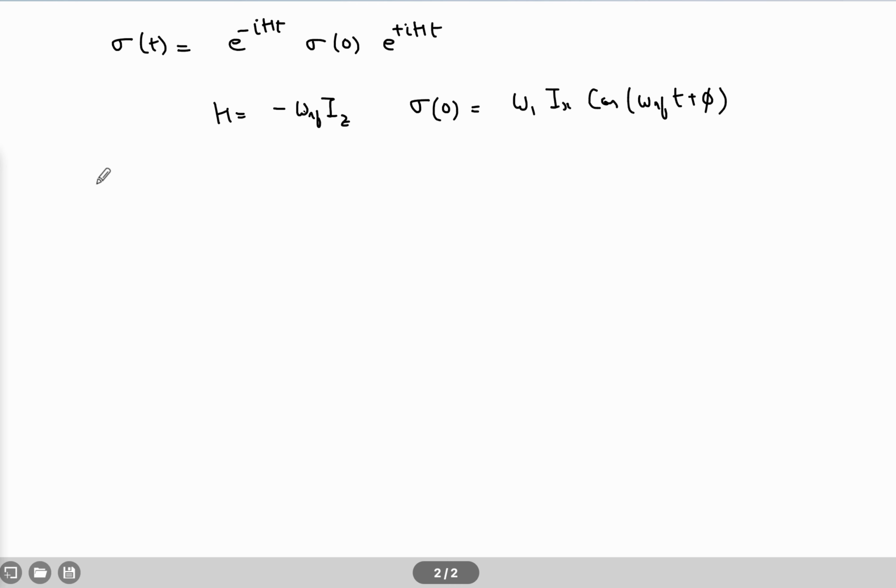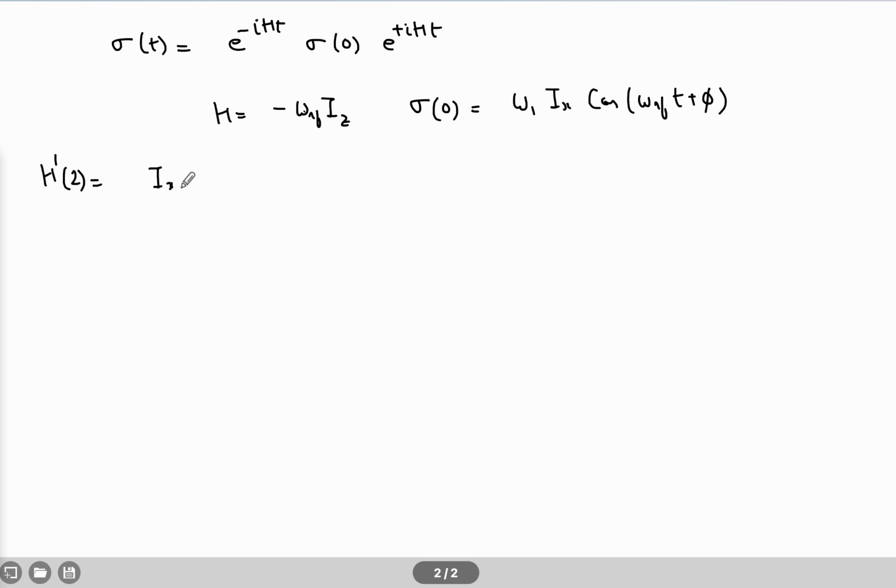Now if I'm applying the BCH formula to the second part, what I get for sigma 0 is, let me just keep this factor out for now because this will be applied everywhere. Instead of sigma 0, I'll just keep Ix over here, and the rest will be multiplied later.